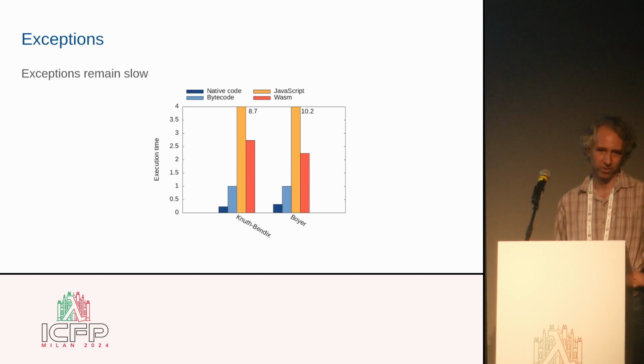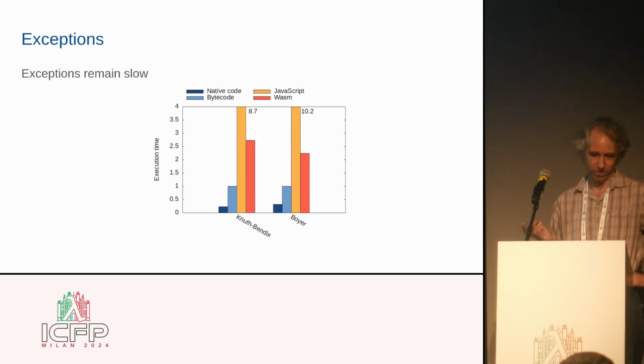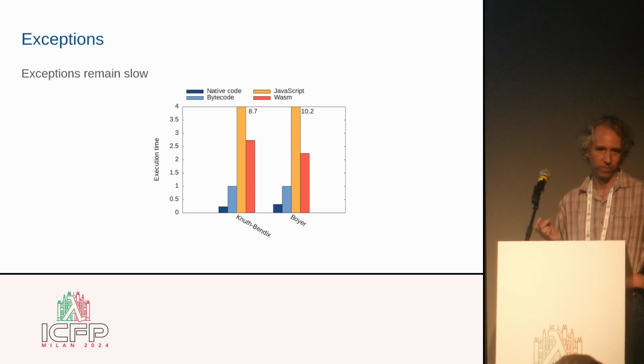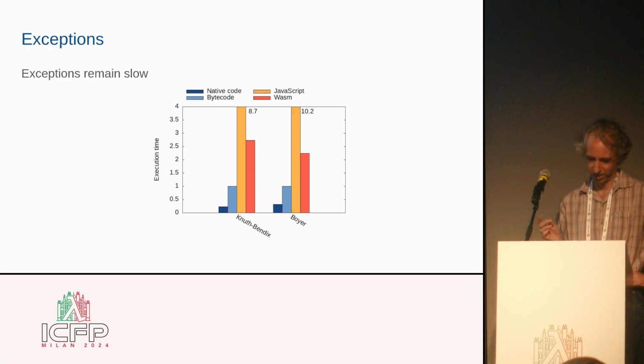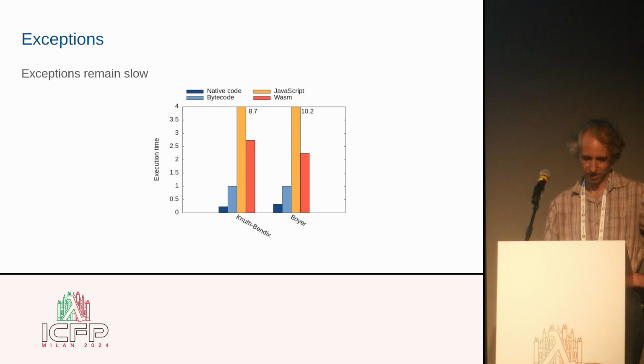JavaScript exceptions are really, really slow, but Wasm exceptions are much slower than usual OCaml exceptions. So on these two examples, we are 2 to 3 times slower than bytecode, which is not great.